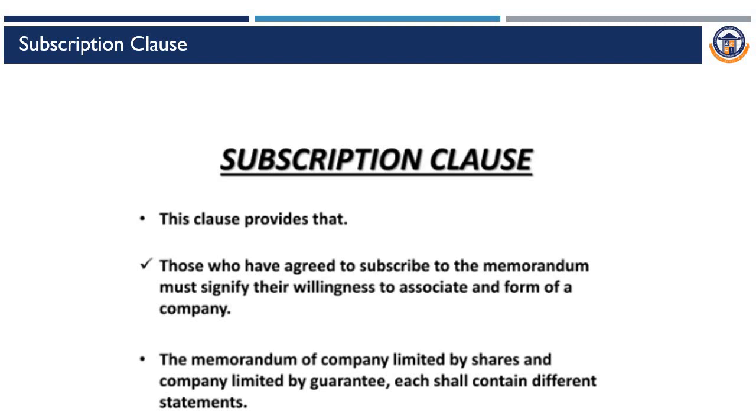The memorandum of a company limited by shares and a company limited by guarantee shall each contain different statements. If your company is limited by shares, you will have one subscription clause, and if your company is limited by guarantee, you will have different statements. So you should mention whether it is limited by shares or limited by guarantee, and accordingly the statement should be there.